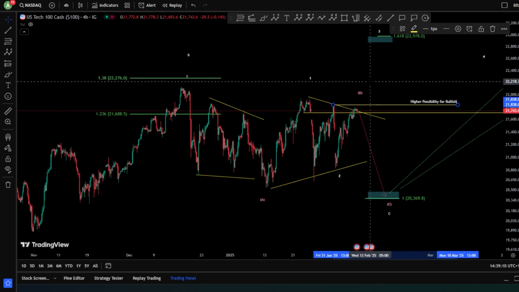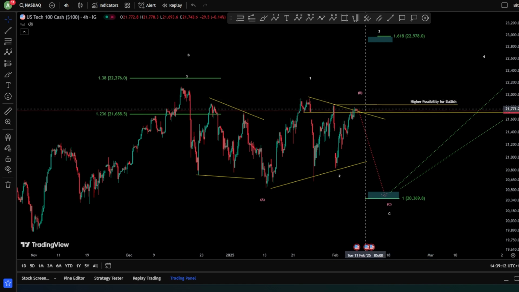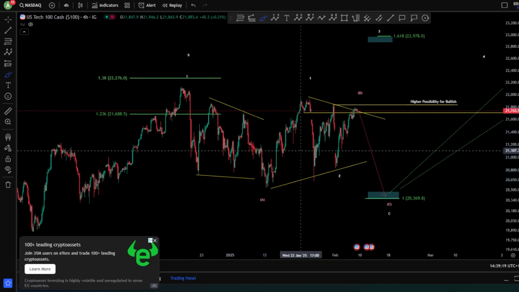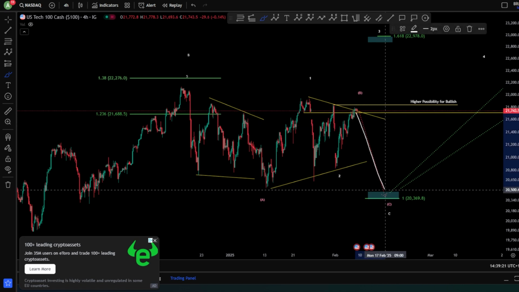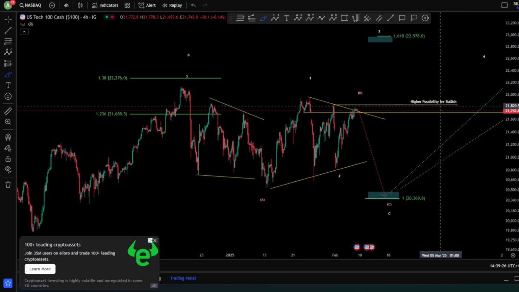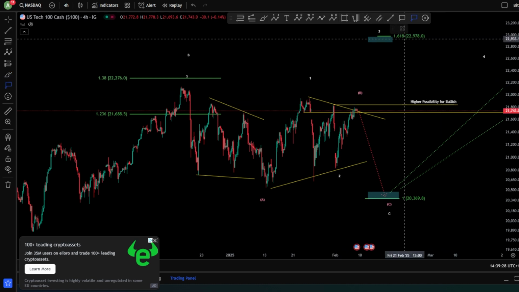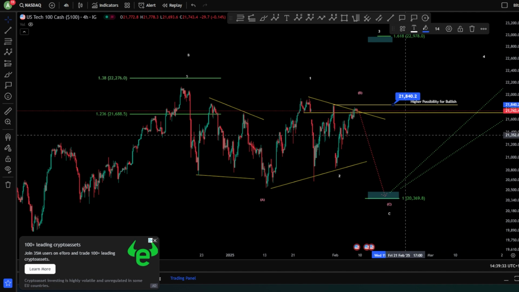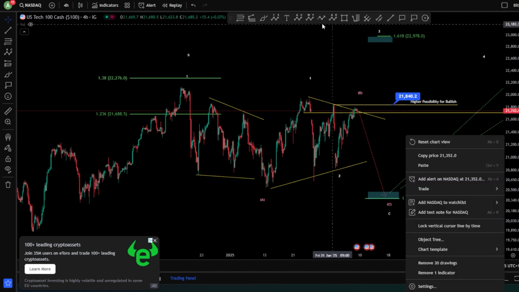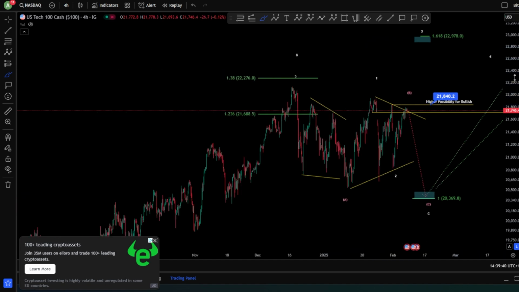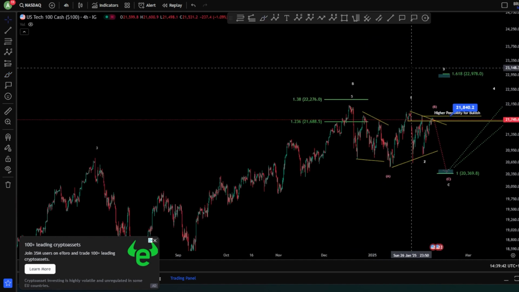If we take this high, it can give a higher possibility for the bullish, because if we don't move towards the downside directly now after the wave E here, A, B, C, D, E, the possibilities start to get higher for the bullish. If you take this high here, which is the price label 21,840, I would say, okay, we are ready to move up again for the bullish scenario and probably to hit higher prices.